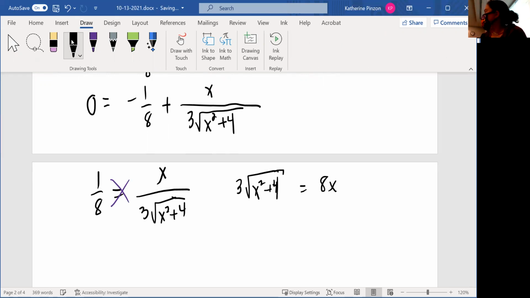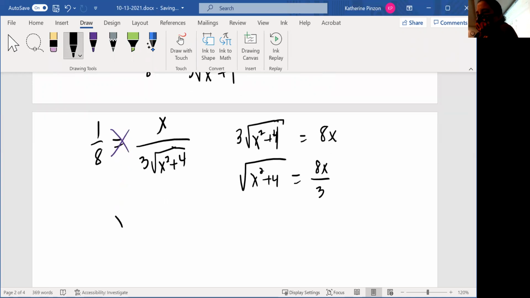Okay, now what? Okay, I could do that, sure. Square root of x squared plus 4 is 8x over 3. Square both sides, okay. X squared plus 4 is, when I square this side, I get 64x squared over 9.